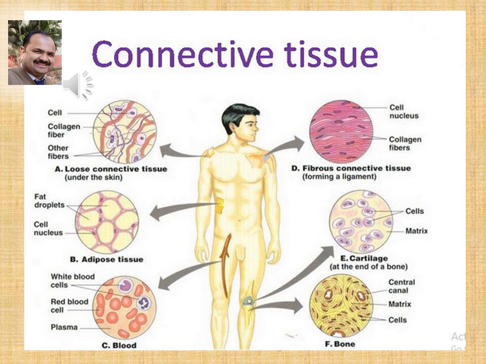These tendons are attached to muscles to the bones, and ligaments are another type which connect bone to bone. You might have heard about ligaments many times from football students: the ligament gets hurt or the ligament gets detached. So these ligaments are connecting bones to bones.